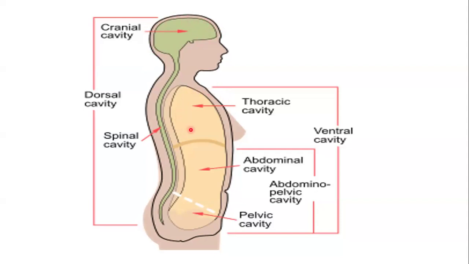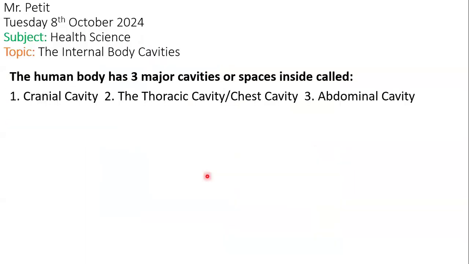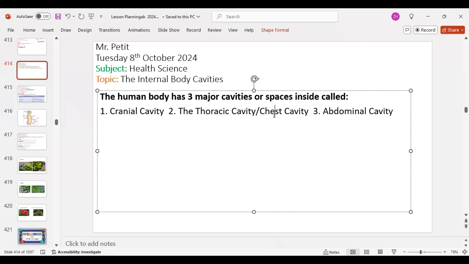What's inside the thoracic cavity? Your lungs and your heart. Then we have the abdominal cavity, which is right here. So the 3 major cavities: cranial, thoracic, and abdominal. That makes sense? Yes, sir.